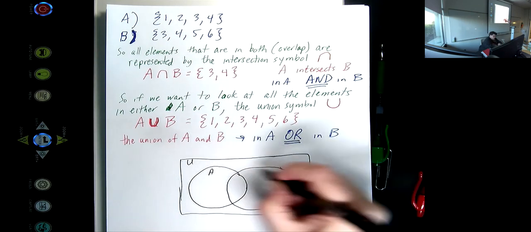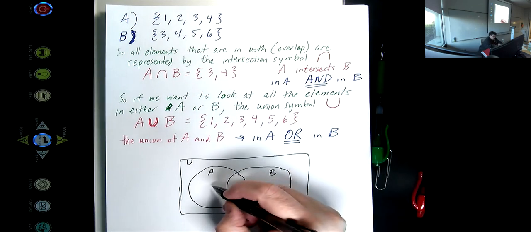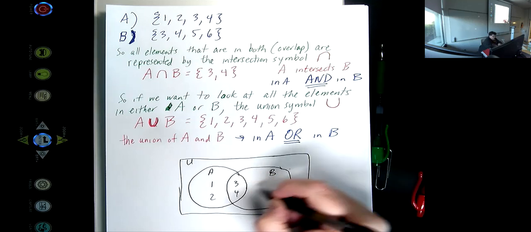So this is A and this is B, and I've got 1, 2, 3, 4, 5, 6.